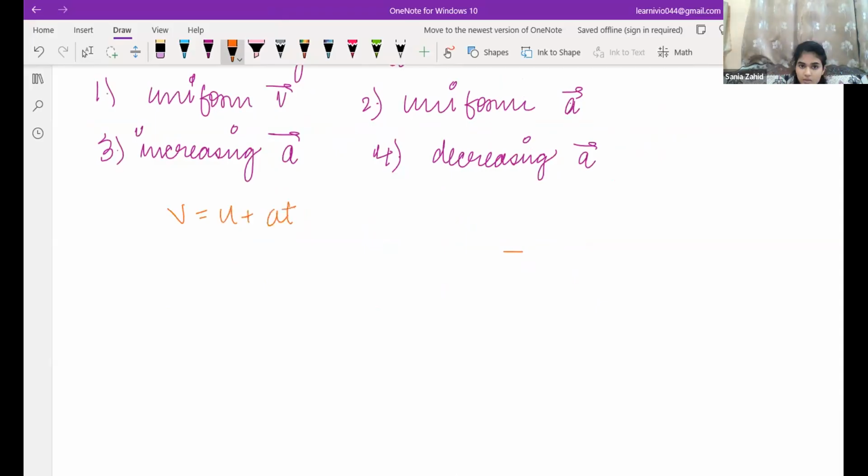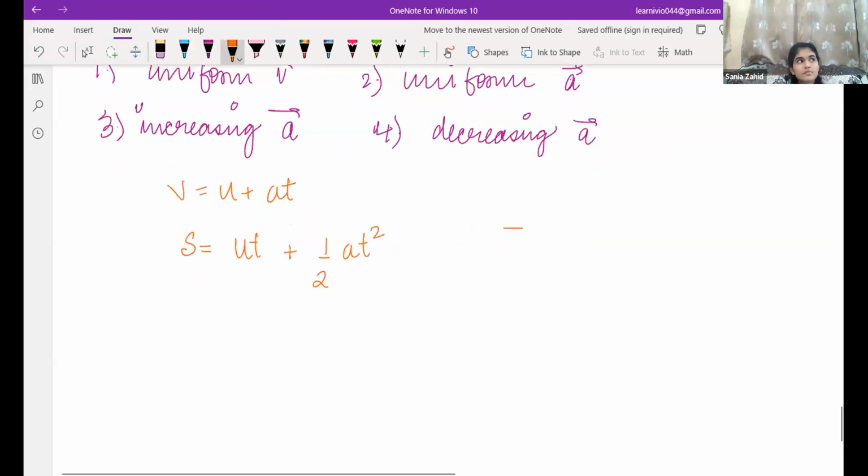Okay. Then S equals UT plus 1 by 2 into AT square. Then 2AS equals V square minus U square, yeah, V square is equals to U square plus 2AS.